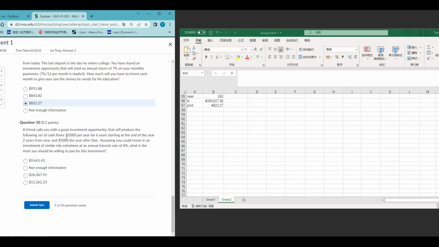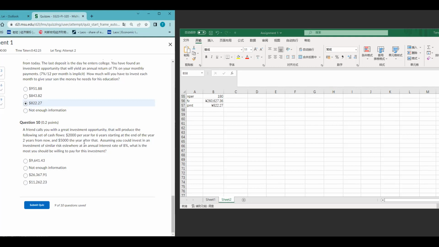Which means that first year we got nothing, and then 5,000 per year after that.